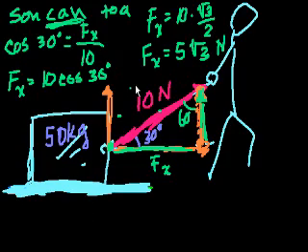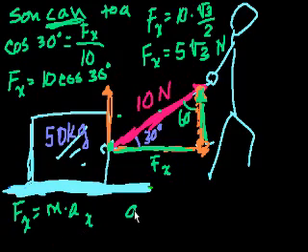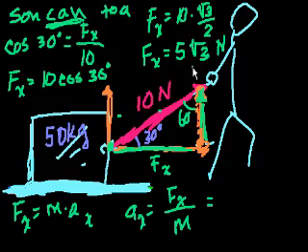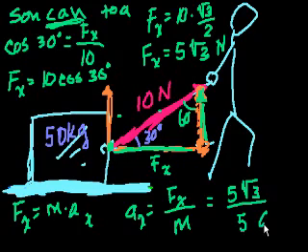Force in the x direction, in newtons. So now we can figure out its acceleration in the x direction, because force in the x direction is equal to mass times acceleration in the x direction. If we divide both sides by the mass, we get the acceleration in the x direction is the force in the x direction divided by the mass. And that equals 5 square roots of 3 newtons over 50 kilograms.